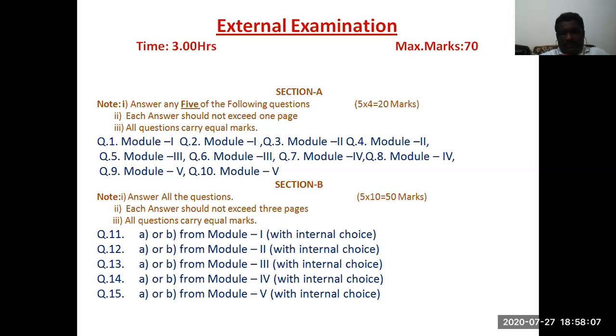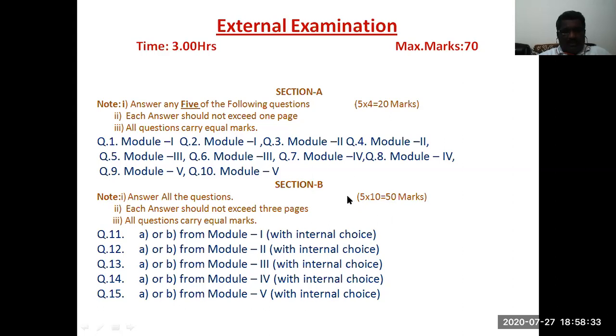So it is compulsory for students to study all the modules. Otherwise, if students have not studied any 1 or 2 modules, he has to forego the marks allotted to that module. So in this section B, there are only 5 questions given.